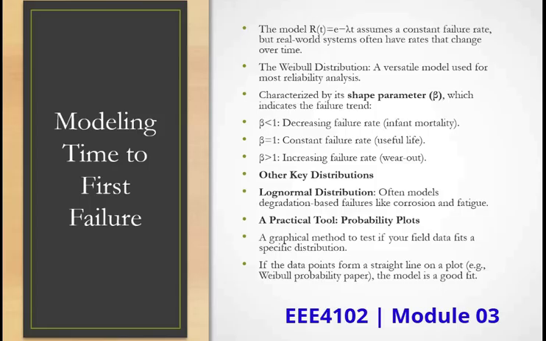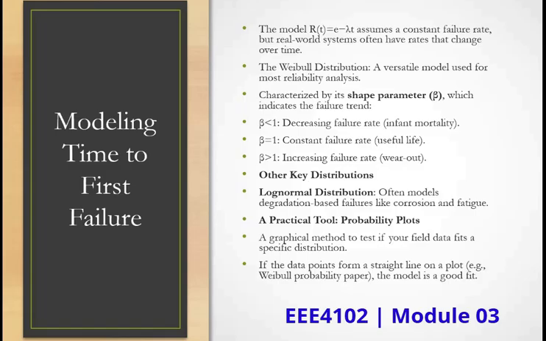Then the third aspect is when beta is greater than 1. The failure rate increases over time, so we are looking at wear out in this case. So, modeling the wear out phase: this is when components fail when they have aged.